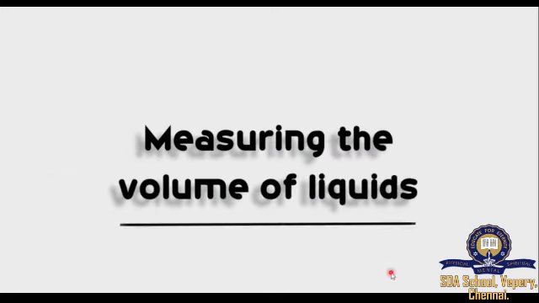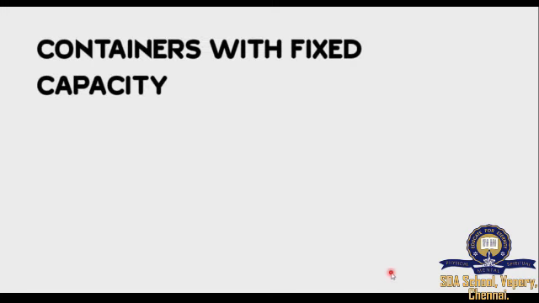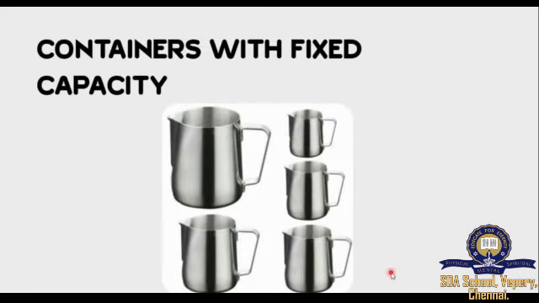Okay. So let us move on to our main topic, that is measuring the volume of liquids. How can we do that? In normal life, we use containers with fixed capacity. You may have seen such containers in your home itself. Your mother would have used such containers for measuring milk or something. While buying, the capacity of the containers or vessels would have been specified.